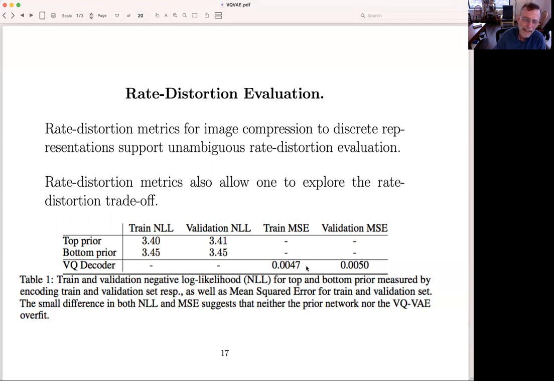I would love to see a better number here, which is bits per pixel, which is a standard measure for image compression. I'm not sure exactly what these numbers mean, but I would like to see this in bits per pixel.